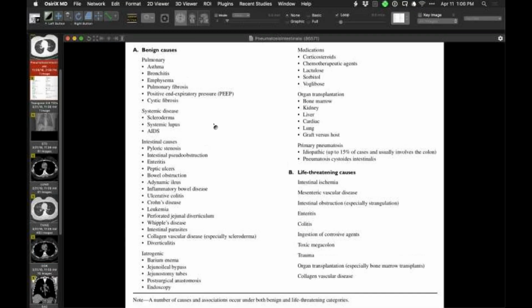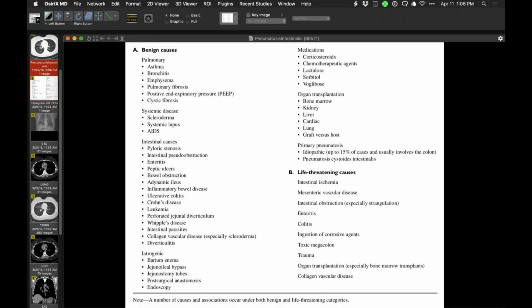So when we look at the list of both benign and life-threatening causes of pneumatosis intestinalis, for sure organ transplantation is one of the things in that list. And this is really a nice example of that in this particular patient. So they recognized that, they knew about it, and again, as I said, just watched her carefully.